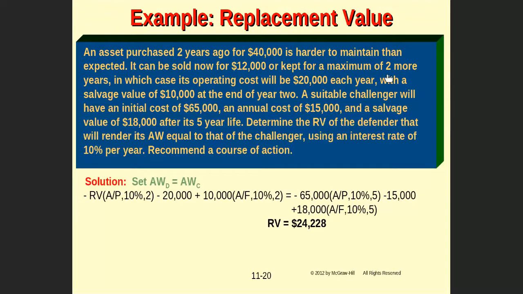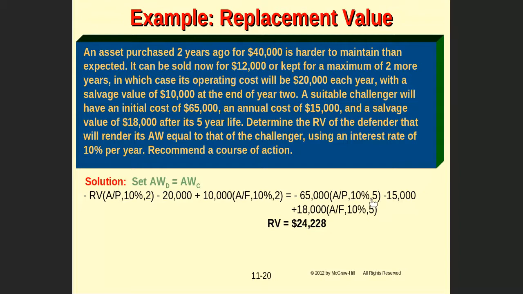About the challenger, we have the initial cost, which is the 65,000, and you can see the 65,000 was not considered when we compared the 12,000. So now we have to consider the cost that you are going to pay for this challenger, but it needs to be converted to an annual: A given P at 10% for 5 years.